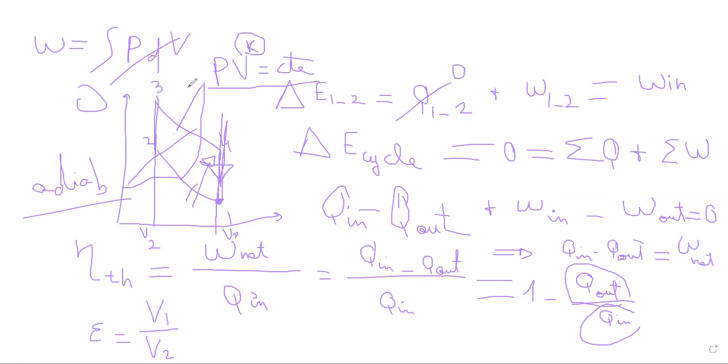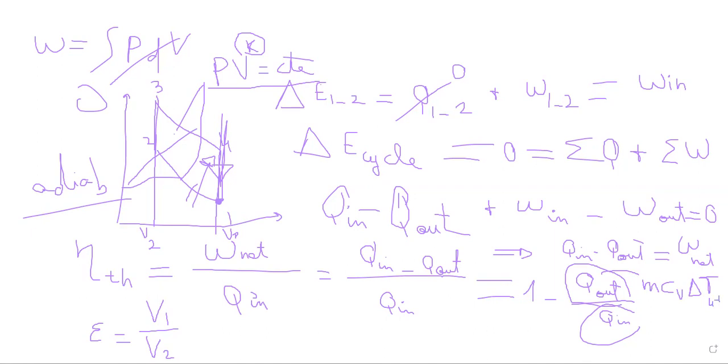In this example, we have sensible heat exchange, and we know that for a gas during a constant volume process, we can replace Q by m Cv delta T. So we can say that Q out is the mass of air times the specific heat at constant volume times delta T between points 4 and 1.